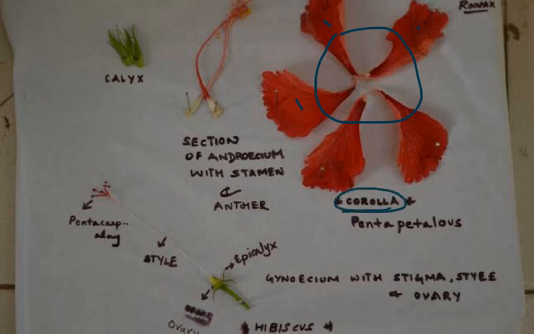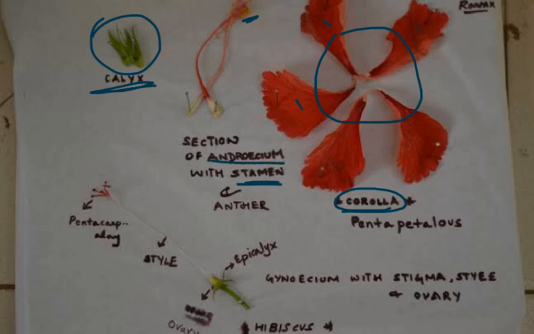The next part is sepal. The ring of sepals is called calyx. The function of calyx is to hold and cover the young developing flower bud. Then the male part, stamen, which consists of a stalk called filament and a lobe called anther. The male reproductive part of a flower is called androecium.